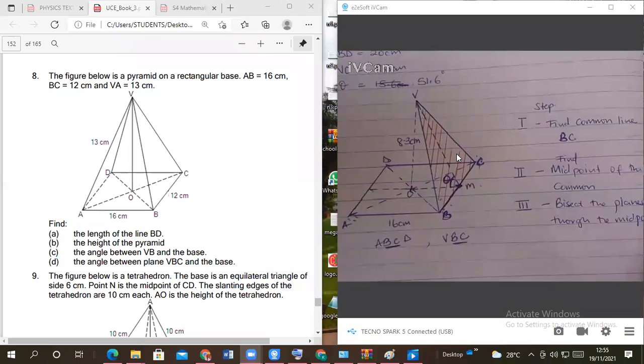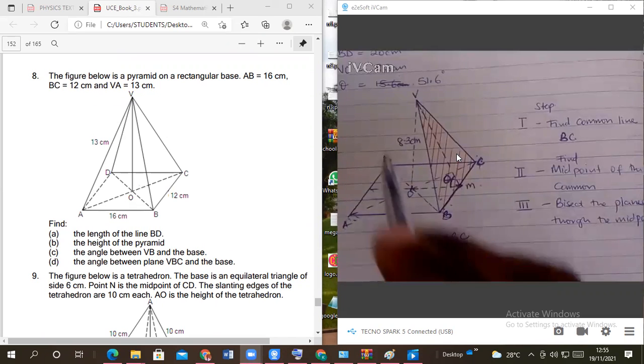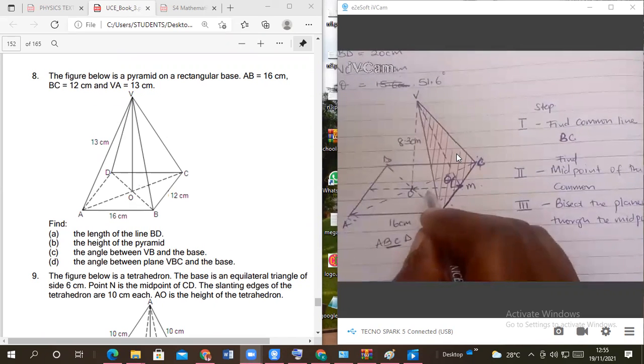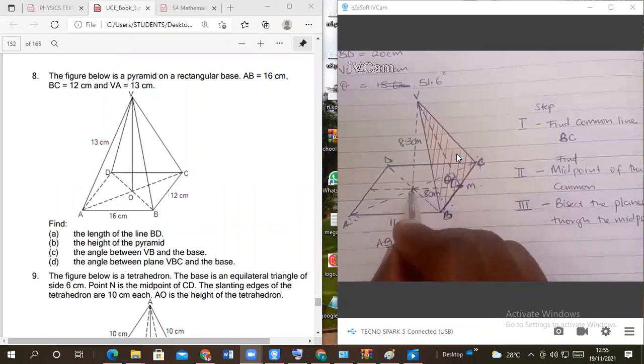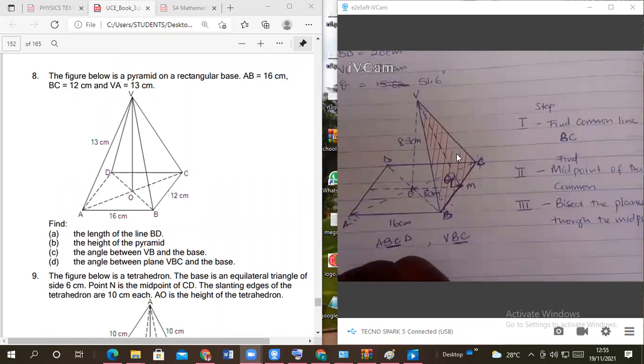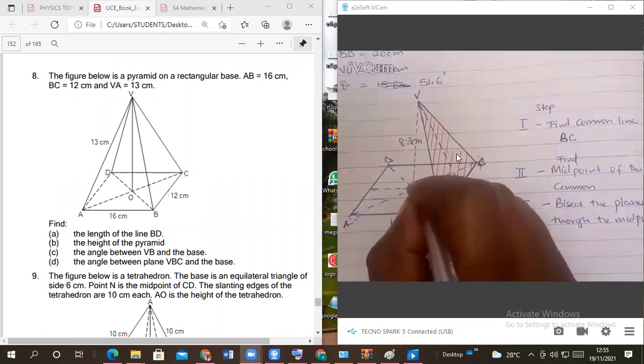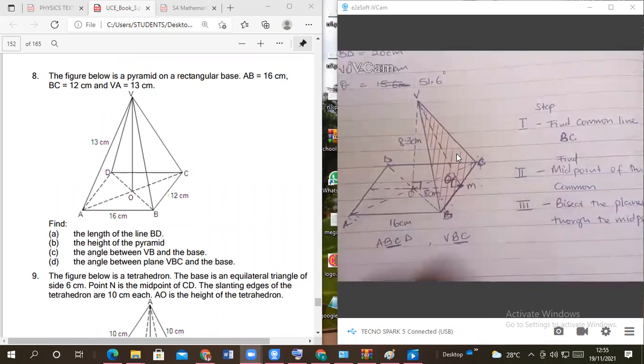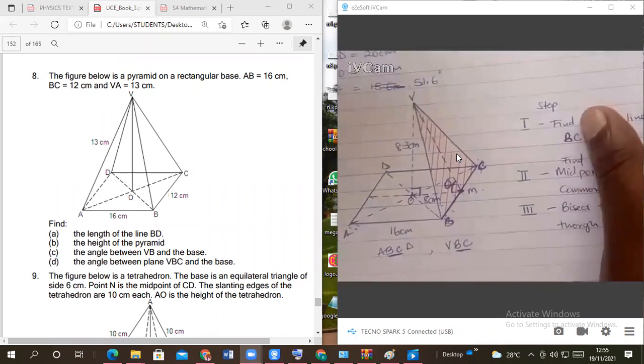It is 8 centimeters, correct. And which angle is that at O? 90 degrees. You are very nice. So it is 90 degrees.